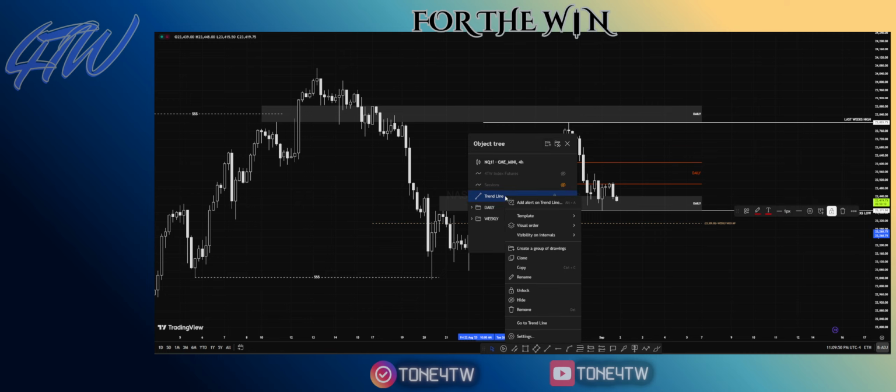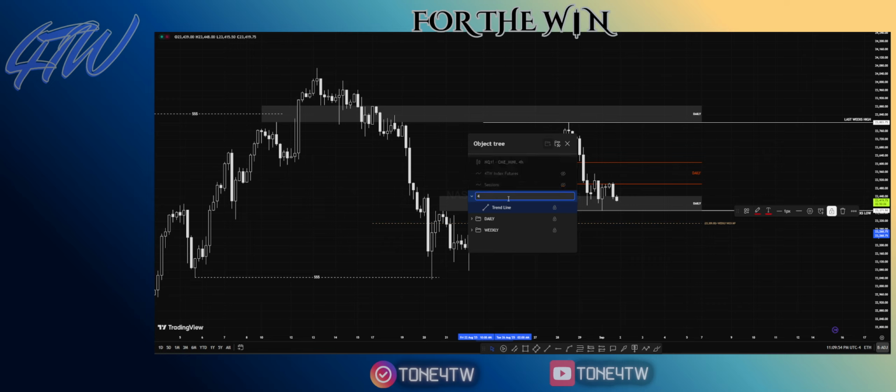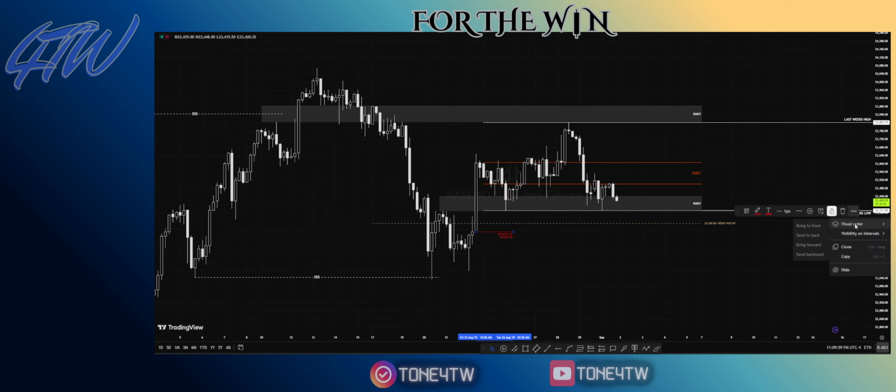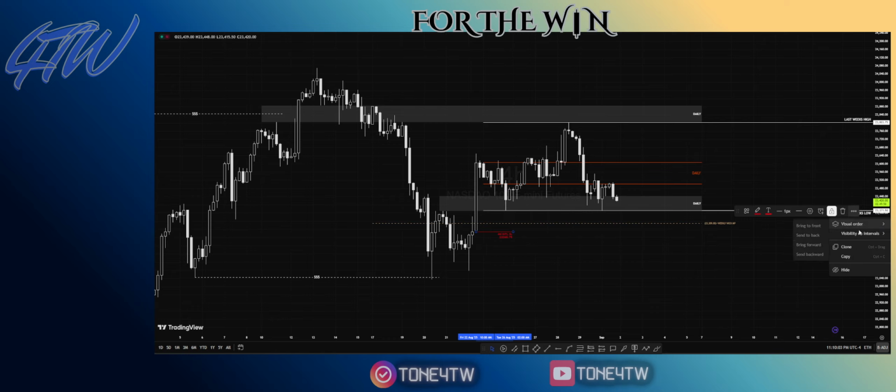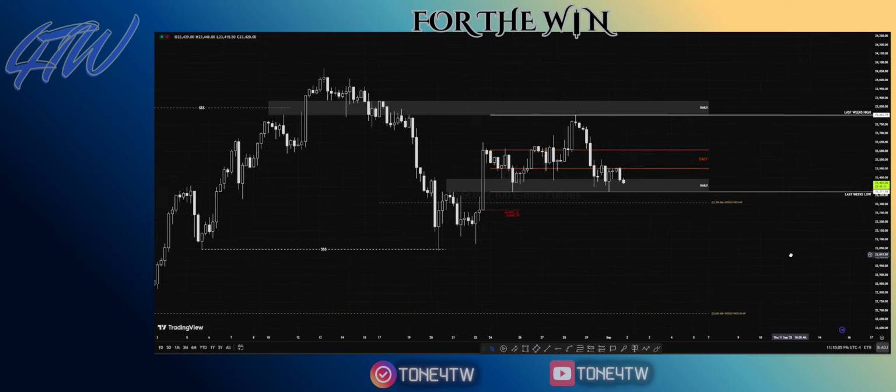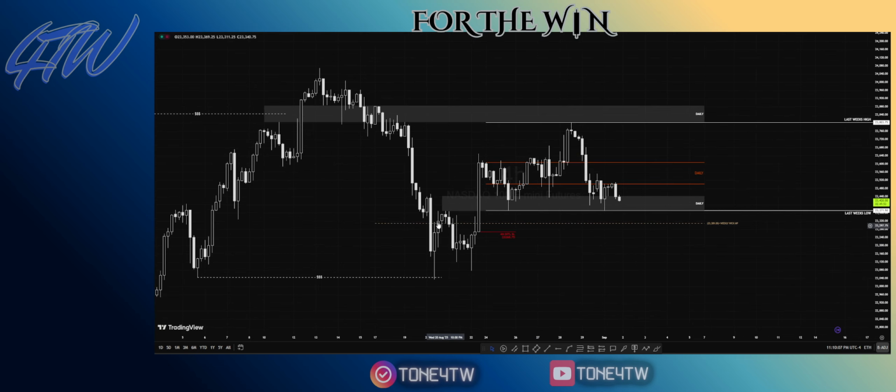Put that in the 4-hour folder. Boom. So I see that I don't need to mark up the inversion confirmation because with this initial stop loss here, I'm already telling myself that this is confirmation already.